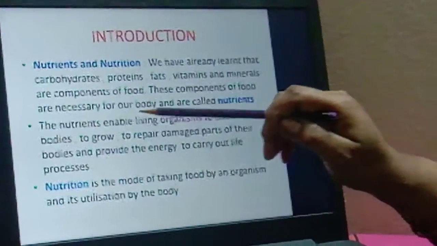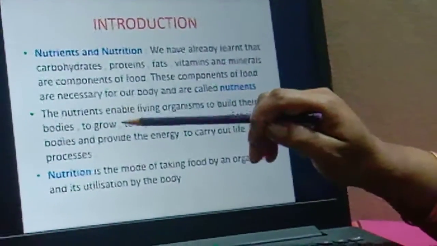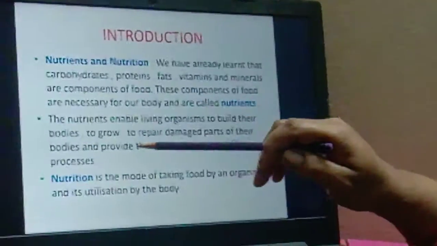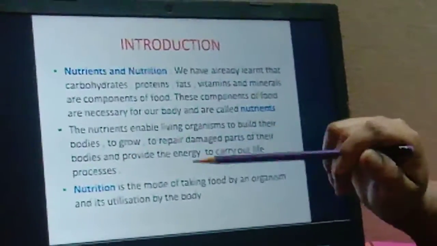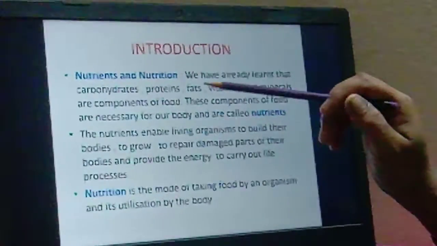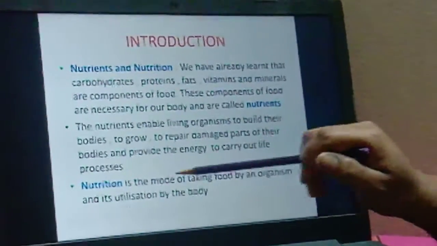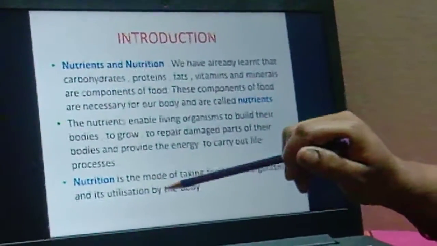The nutrients enable living organisms to build their bodies, to grow, to repair damaged parts of their bodies and provide the energy to carry out the life processes. These things you have already learned in class 6, right? So, nutrition is the mode of taking food by an organism and its utilization by the body, right? Going to the next slide.